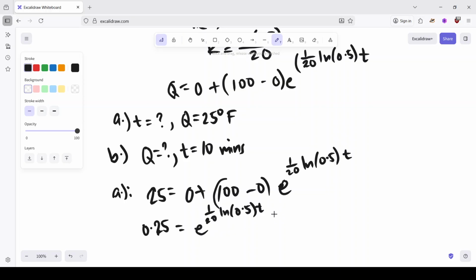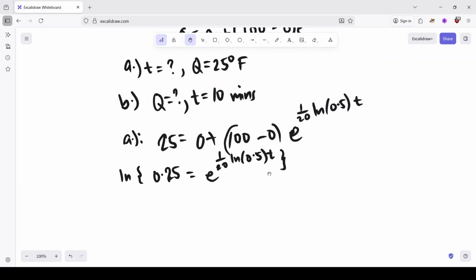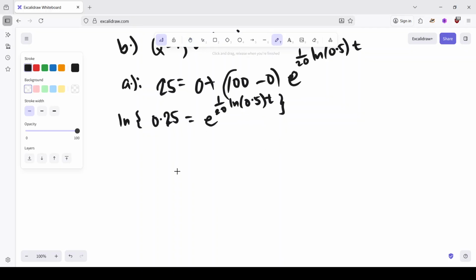Now to solve t out of the equation, we take ln of both sides. So ln of 0.25 is equal to 1 over 20 ln of 0.5 t.